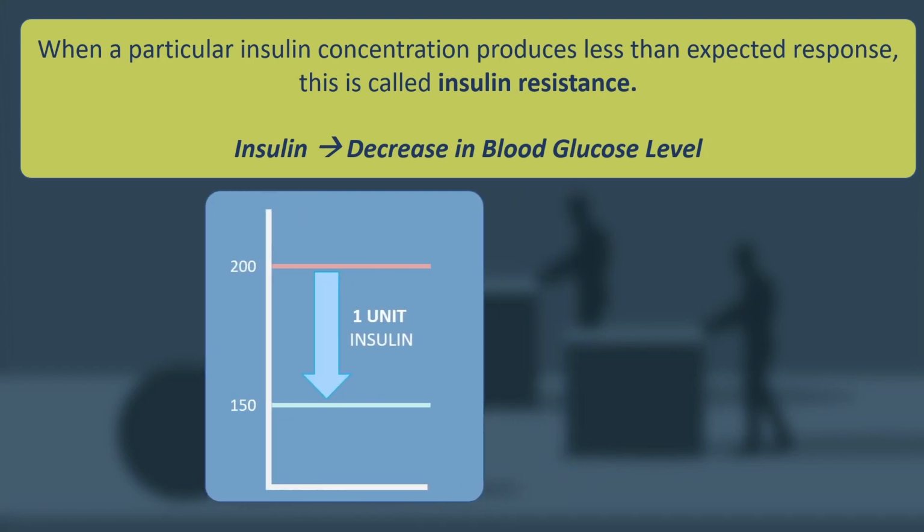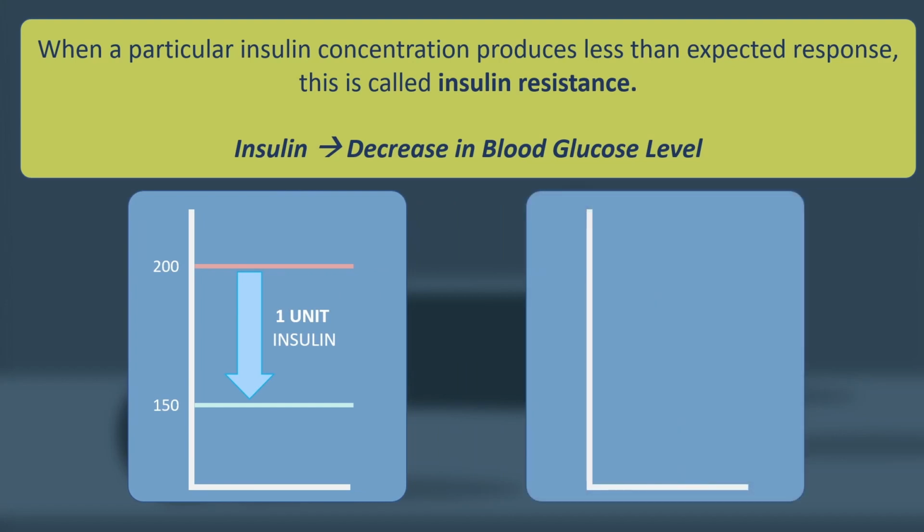But if there is insulin resistance, what will happen? Let's suppose the body creates endogenous 1 unit of insulin. Rather than decreasing from 200 to 150, it might decrease only up to, let's say, 170 mg per dl. So rather than a 50 mg per dl decrease in blood glucose level, the same concentration of insulin is decreasing the blood glucose level by only 25 mg per dl.